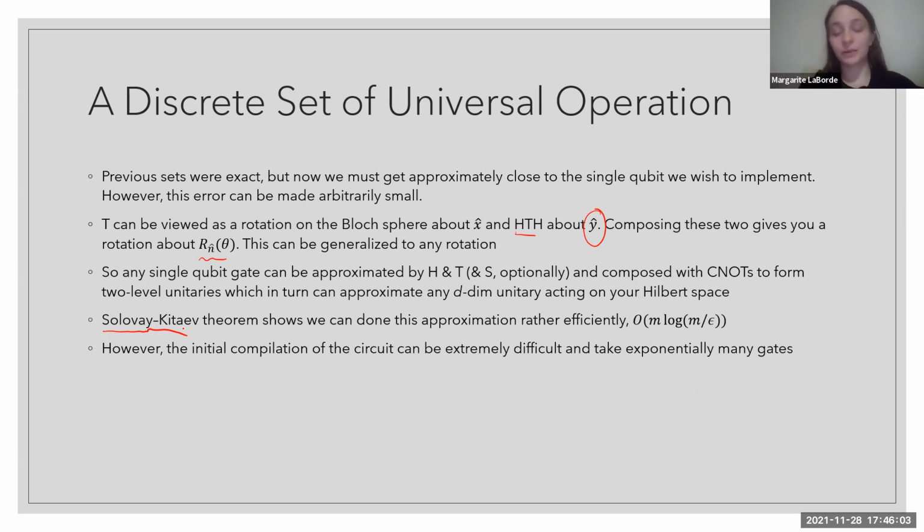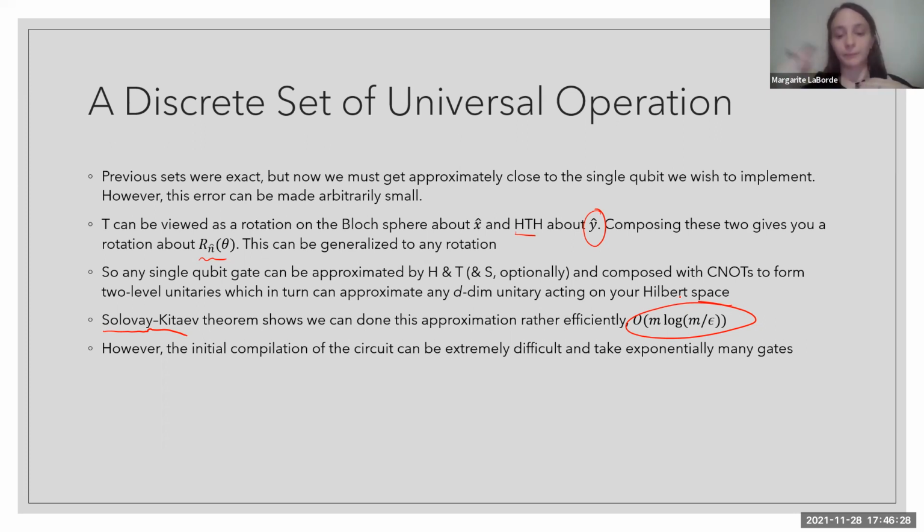which says that for accuracy's sake, once you have a circuit, now you just want to implement it using your native gates within some accuracy, that actually scales pretty well. This is polylogarithmic scaling, I believe, with respect to the error that you want. That's pretty good. So that's not really the part that we worry about.